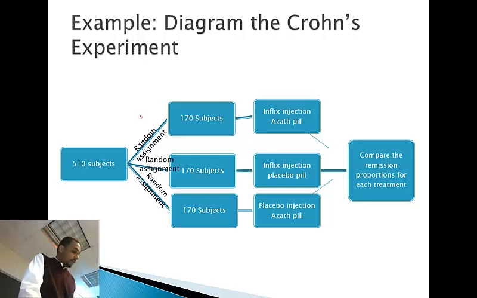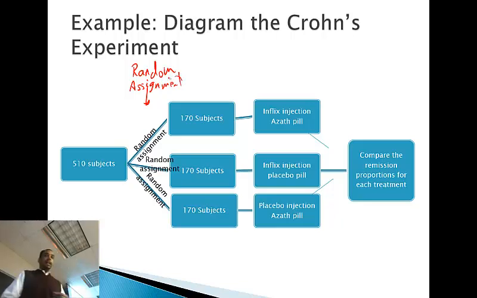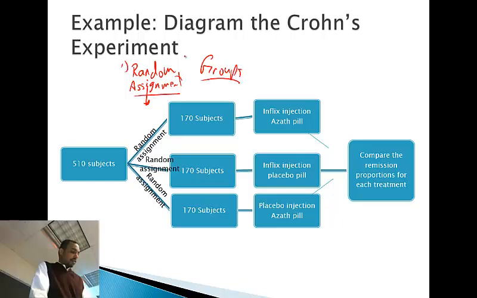There's my random assignment. These are my different groups. These are my different treatments. And then lastly, we're going to compare the results.